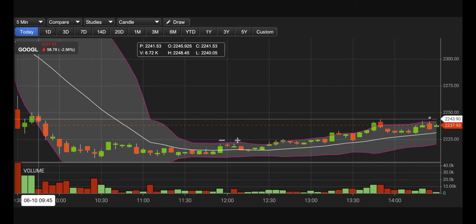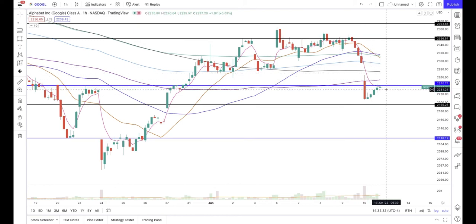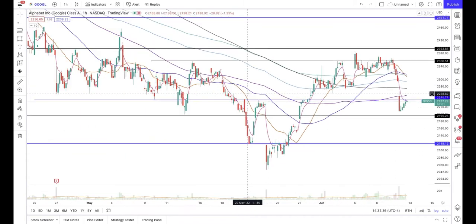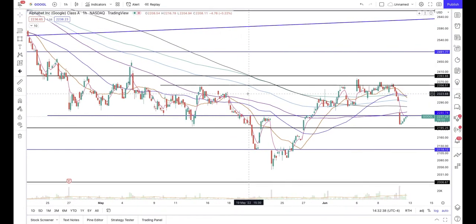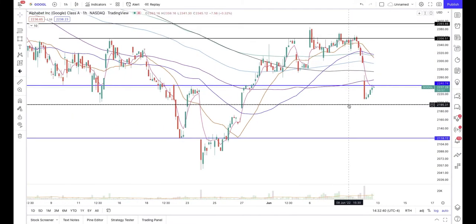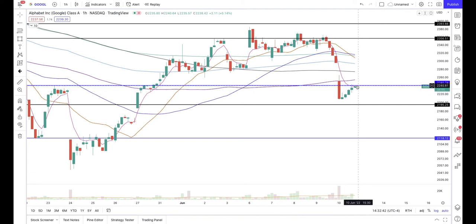So you can call it 2250 if you want to give it a round number. Essentially, as long as it's below this 2250 level, you're going to find people that got caught in it and want to be made whole. In this case, it's 2240 on the daily, which was the pivot, or the 5 hour, right?